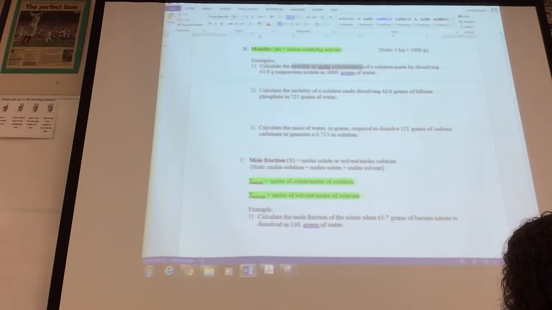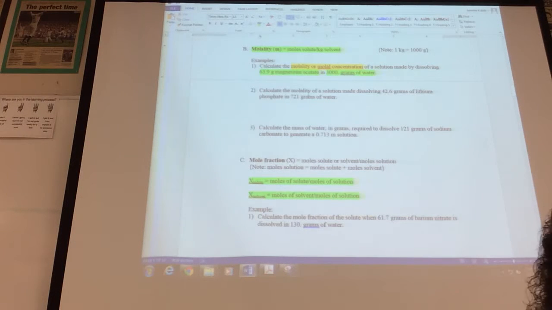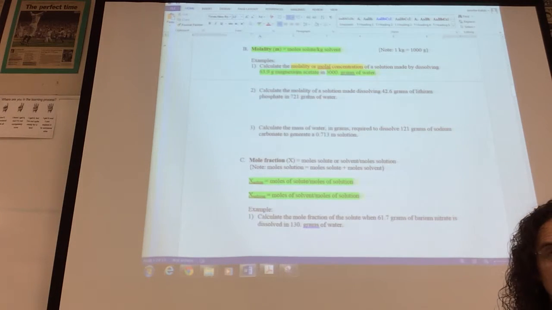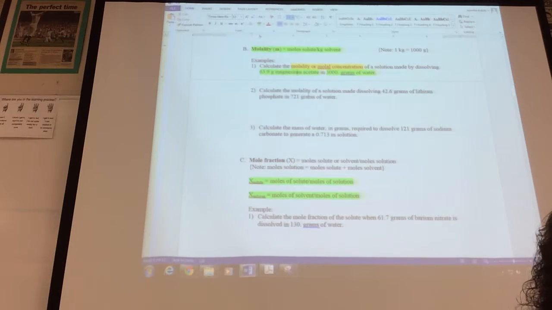You can write it either way, so don't be upset if you see it written either way. You're going to dissolve 63.9 grams of magnesium acetate in 3,000 grams of water. So magnesium acetate is your solute, that's what gets dissolved. Water is your solvent, that's what does the dissolving.